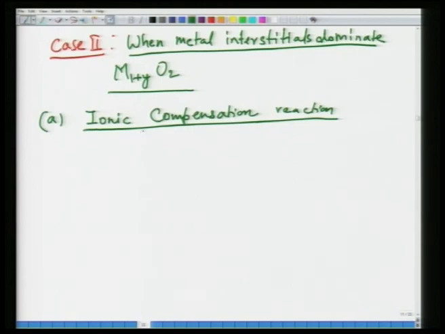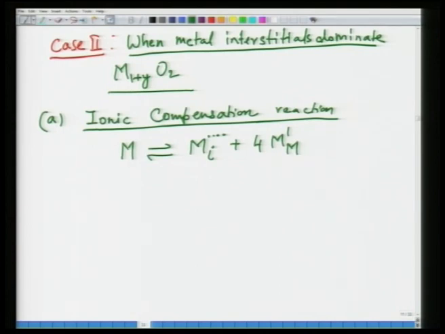So, what basically you have as a defect reaction is M tends to go to Mi. In this case I have taken it as +4. So, it would be Mi 4 dots plus 4 M'. What I have done is, the metal has gone to metal interstitial site, giving rise to +4 charges, and those +4 charges are compensated by reduction of 4 metal ions on regular metal sites to +3 state.